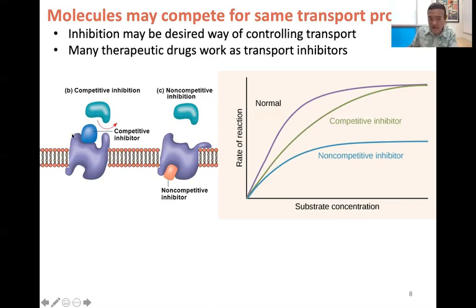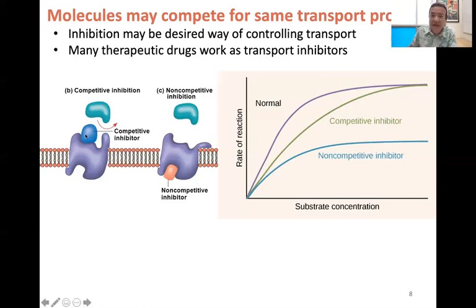However, what if the three-dimensional shape of this transport protein is meant to bind this light blue turquoise molecule, but can also bind this dark blue one? Importantly, if it binds the dark blue one, then it's no longer the right shape to bind the turquoise one, because the combined shape of the purple plus the blue is wrong.